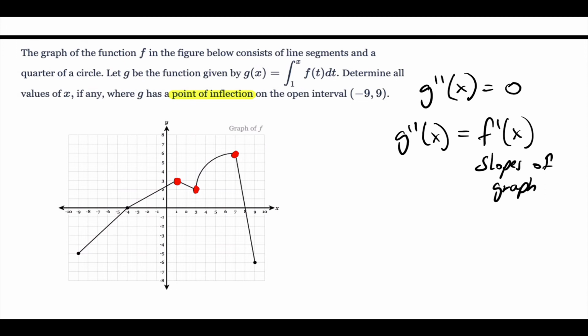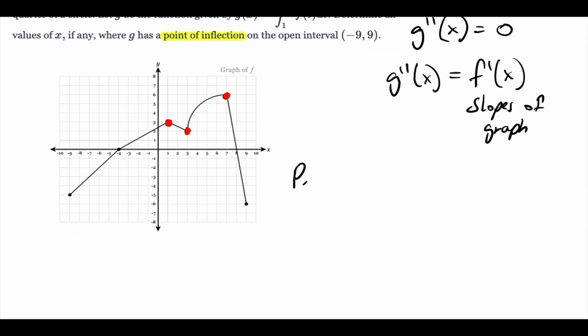So there are 3 points of inflection at x equals 1, x equals 3, x equals 7, because G double prime is 0.